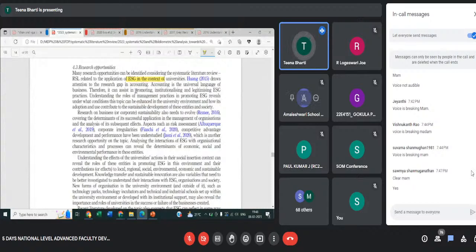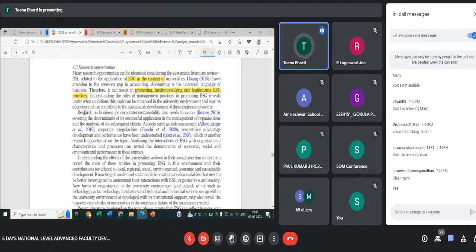So the research opportunity will be whether you can use it in promotion, institutionalization, legitimization of ESG practices or not. Is there any article which you can write, or can you gather some data based on these three criteria, to dig a bit deeper on this concept of sustainable development in higher education or in the university setting itself?